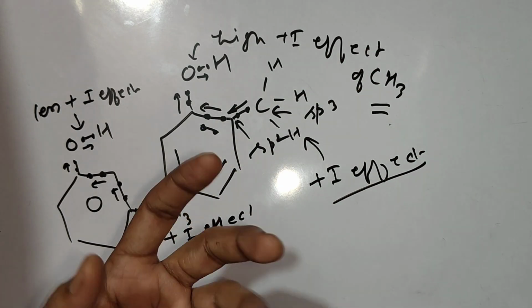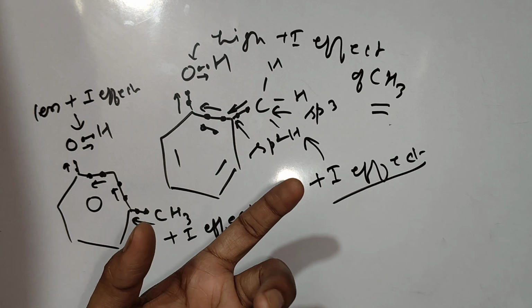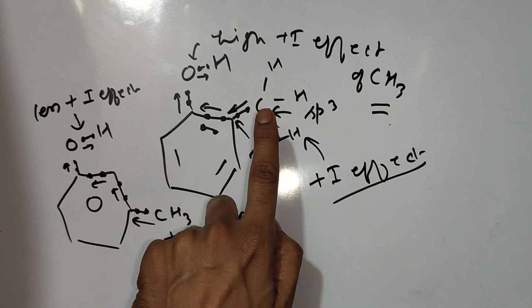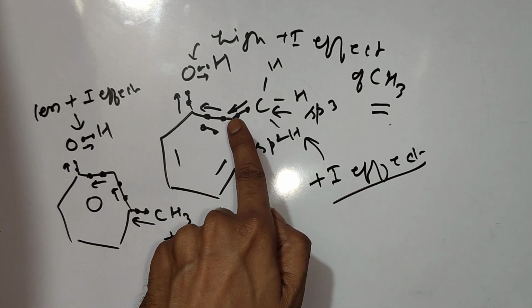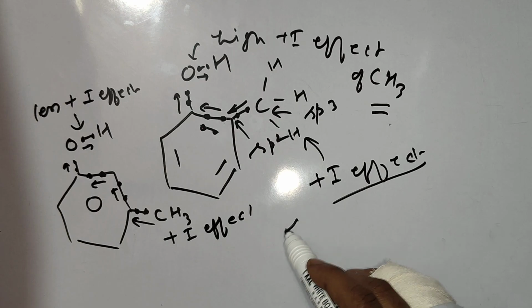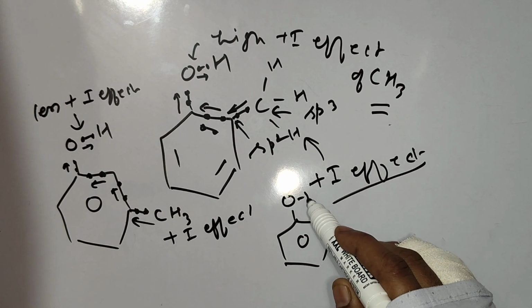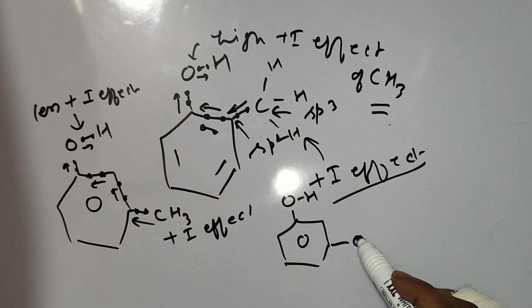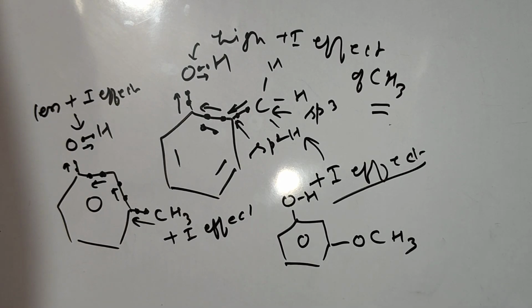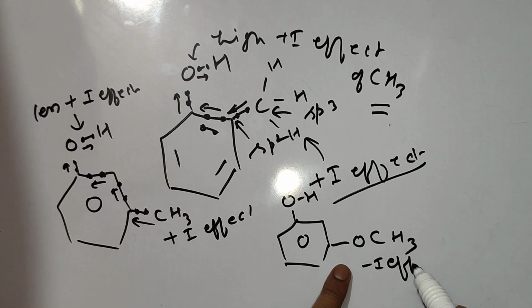So to check plus I or minus I effect, you just need to compare the electronegativity of the atom which is attached to the benzene ring. Like if I ask you, on phenol, if I am joining an OCH3 group, a methoxy group substituent, will it show plus I effect or minus I effect? The answer is minus I effect. Why?